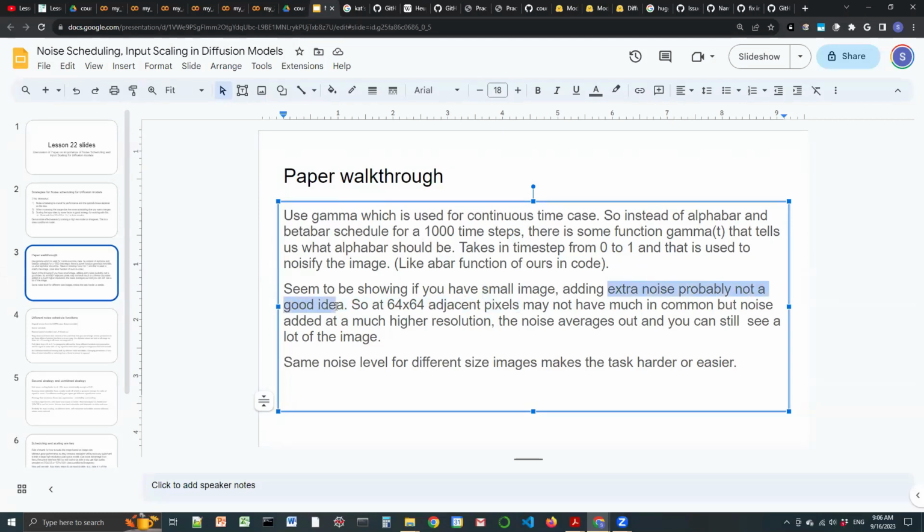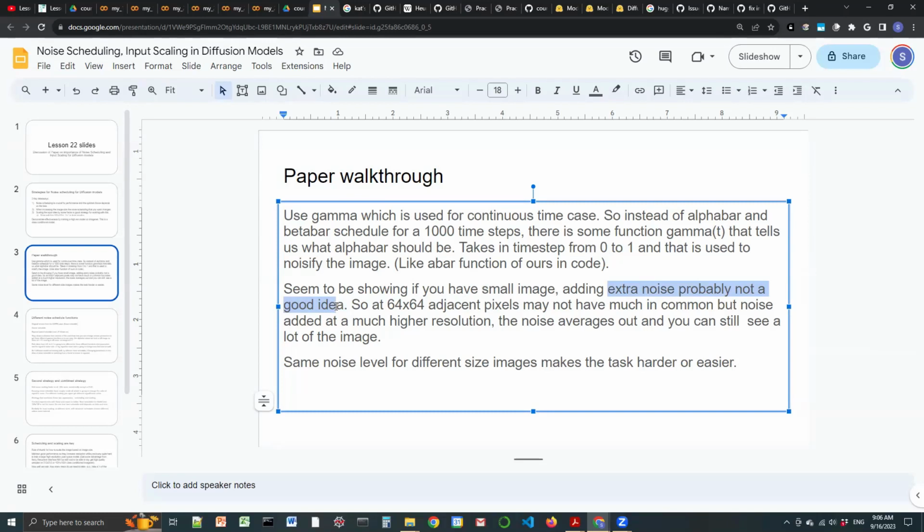And if you think about it, it makes sense why this is the case. Because if you have a large image, like a 512 by 512 or a 1024 by 1024 image, then when you add noise, the noise tends to be distributed across the entire height and width of the image, right?